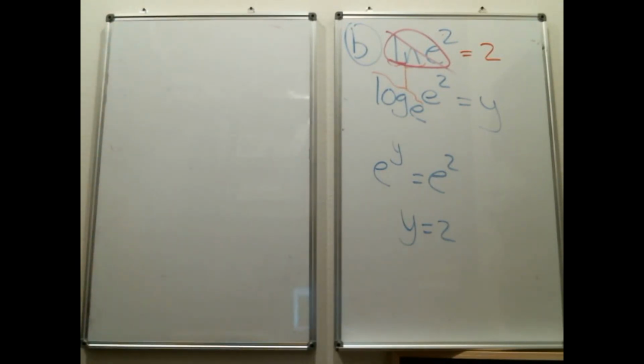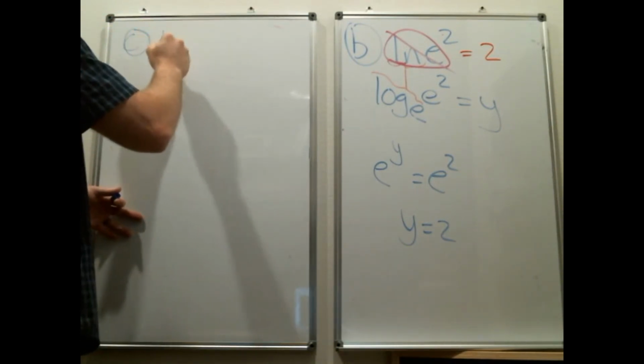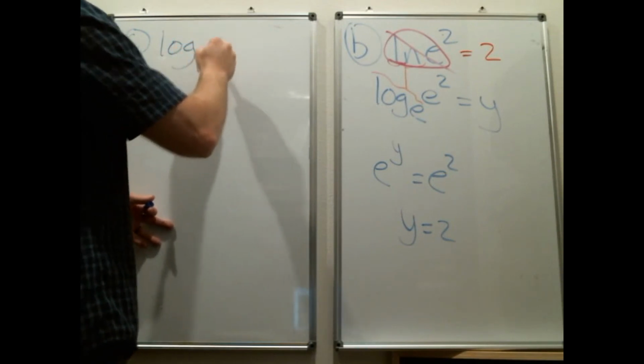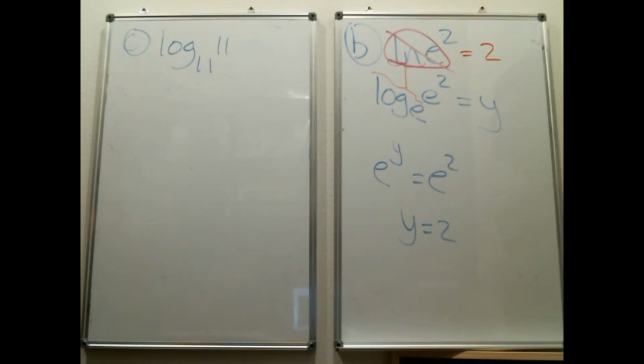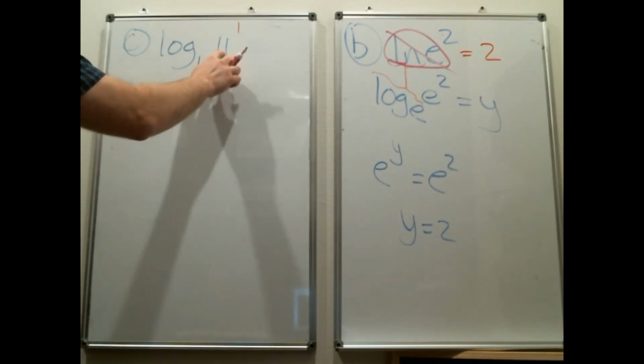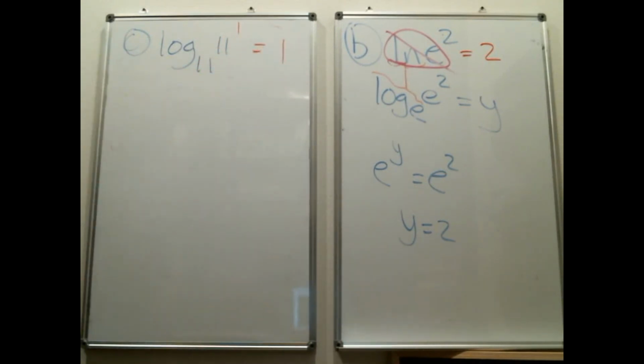Alright, part C. Log base 11 of 11. Well, if you're catching on to the shortcuts, you could see that if there's not an exponent written, there's a 1 there. We just don't really write it. So this 11 and this 11 cancel each other out, and your answer is going to be 1. Now, if you don't see that, that is perfectly fine.